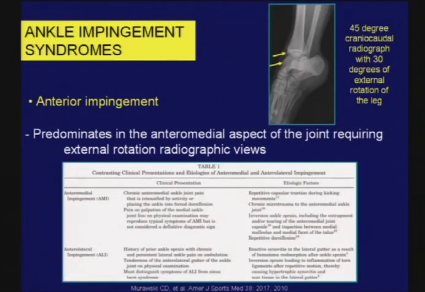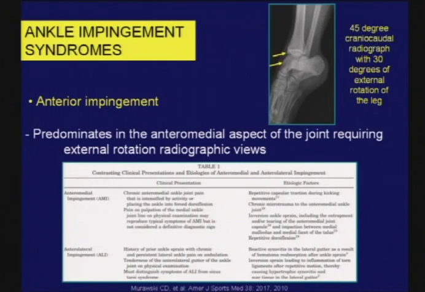There are some recent articles that have appeared in the sports medicine literature defining anteromedial impingement, this chart coming from the source at the bottom of the slide. And again, it is emphasized it is anteromedial most of the time, not anterolateral.